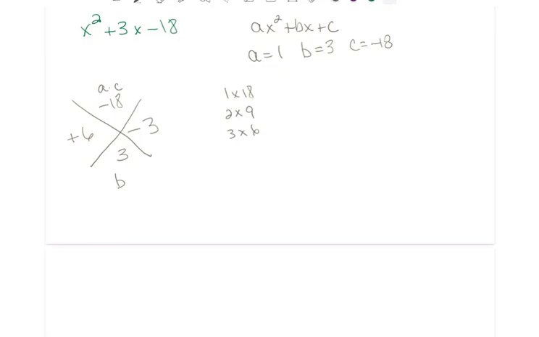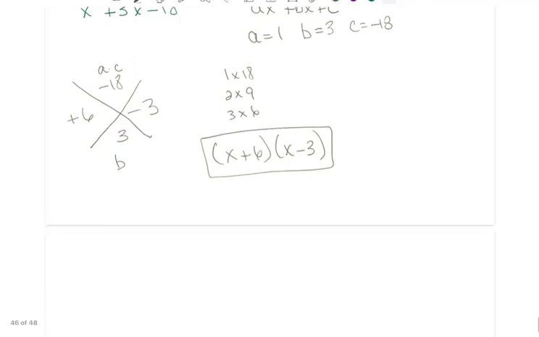So we have x plus 6 and x minus 3 as our factors. Let's try, let's say we had x squared minus 5x minus 14.